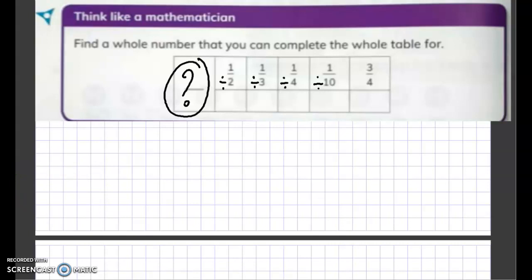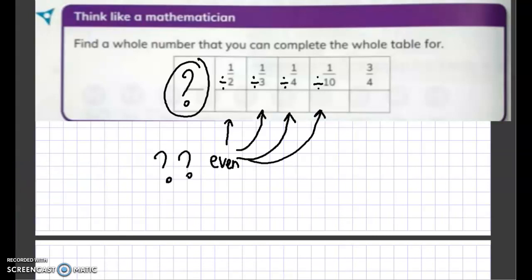For any number to be divided by 2, it has to be an even number. And that even number must be able to divide by a 3, and must also be able to be divided by 4 and 10 as well. So what could it be?